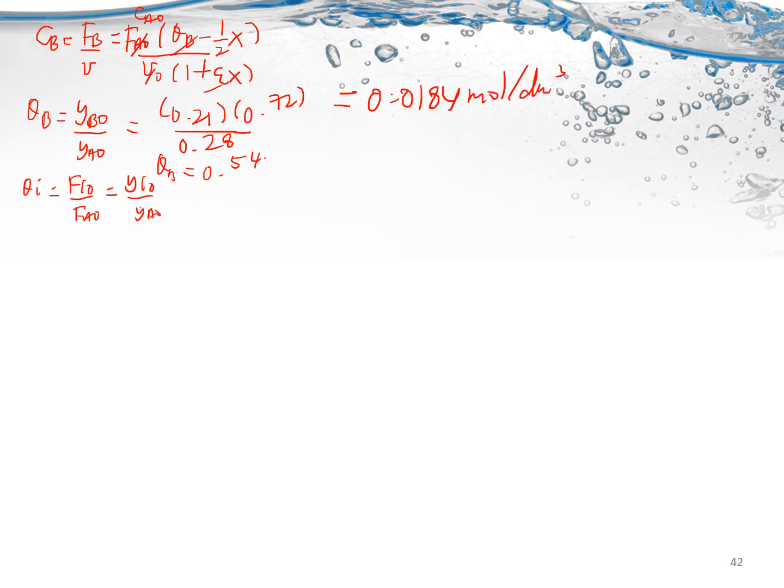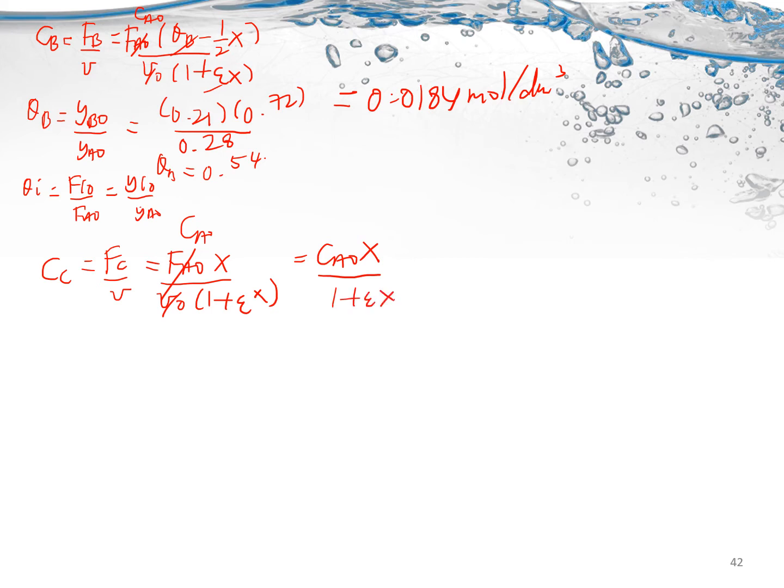So for C, the product, C_C is equal to F_C over the volumetric flow rate, which is equal to F_A0 x over V_0 times 1 plus epsilon x, which is equal to C_A0 x. So you can replace it with C_A0 x over 1 plus epsilon x.